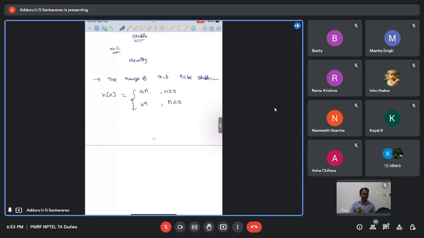So the impulse response is given, and it is asked to find the condition on A and B for which the system becomes stable. It's like mod A less than 1, or mod B greater than 1, something like that.